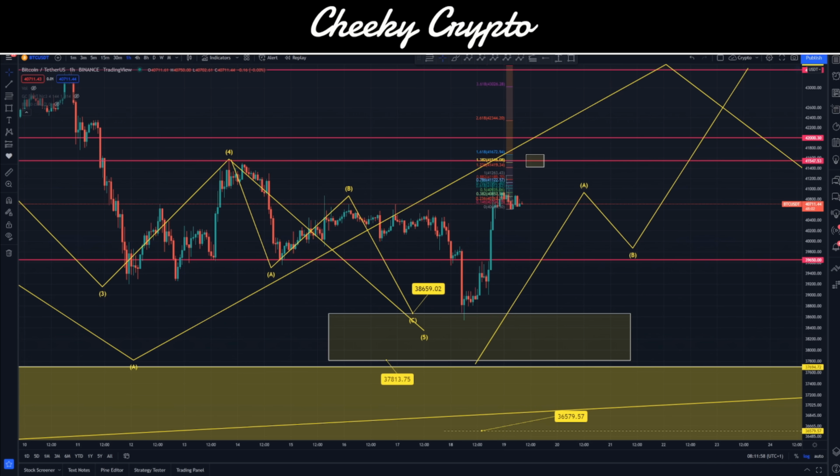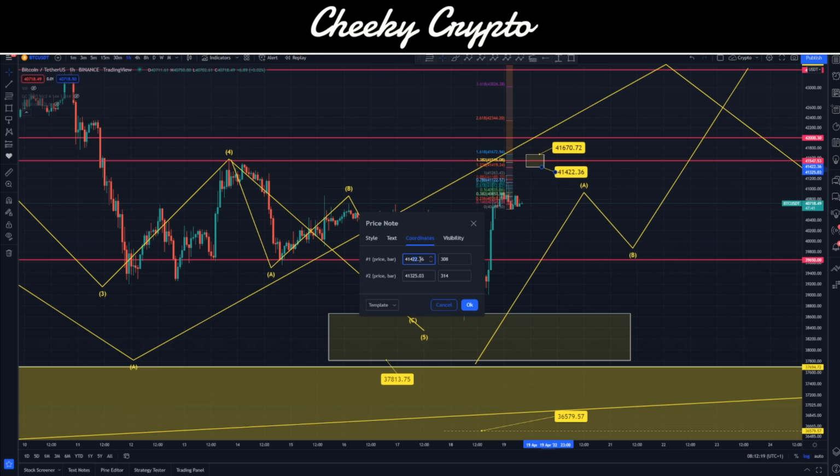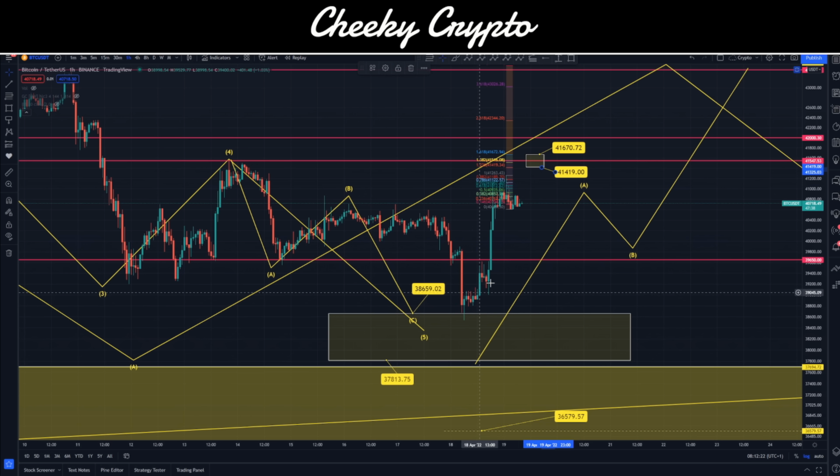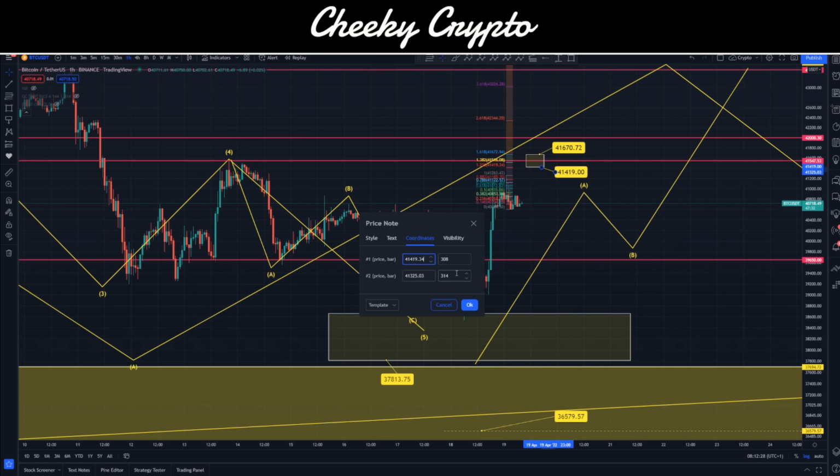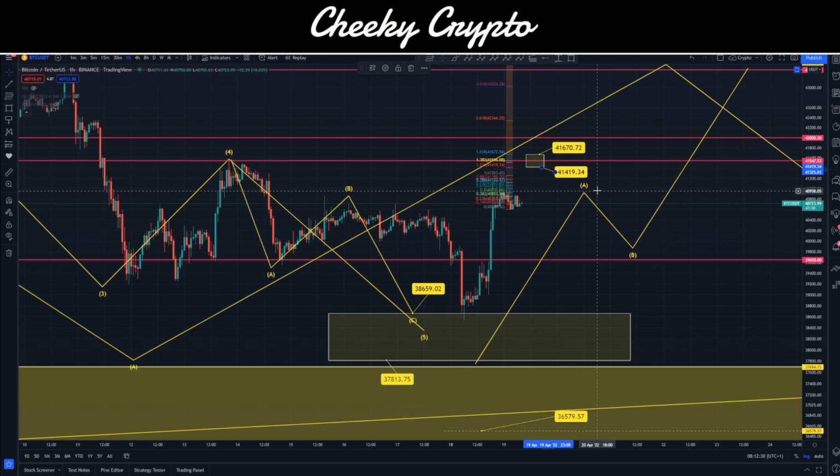Okay, so I'll just draw that in, and I'll grab some price notes and drop that in there as well, so you can see exactly what I'm thinking for BTC. This is looking like anywhere between 41,419.34 for our low target, and at the top here it is basically 72.94, right?